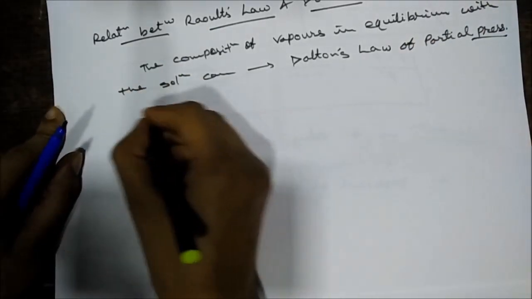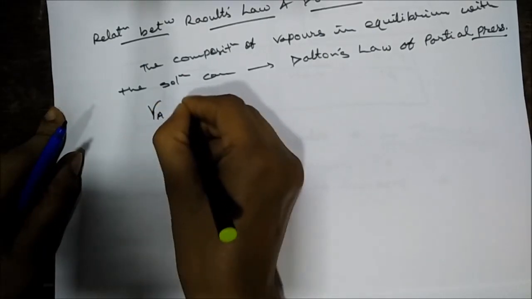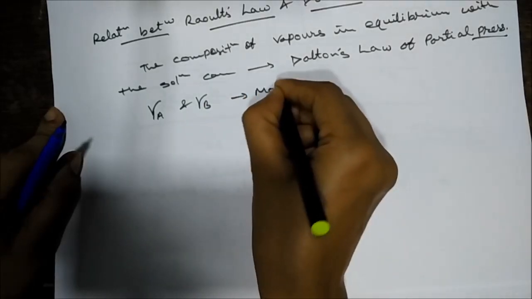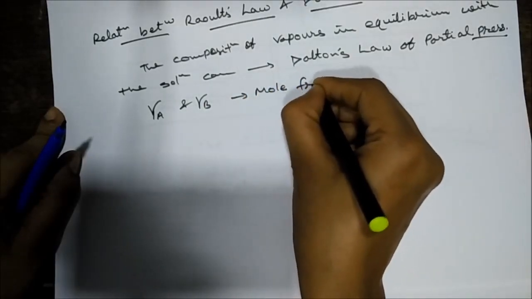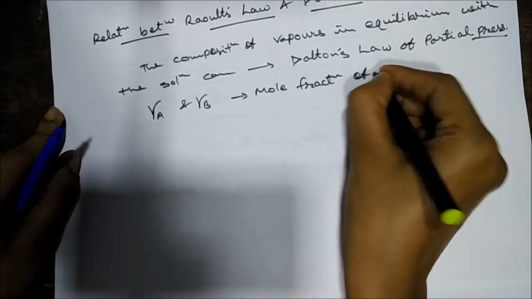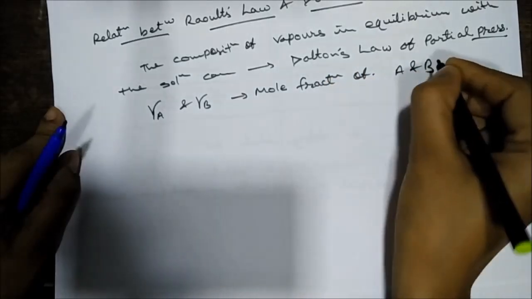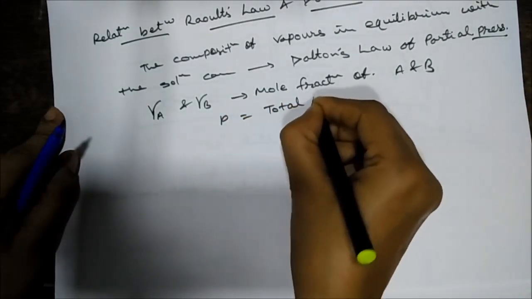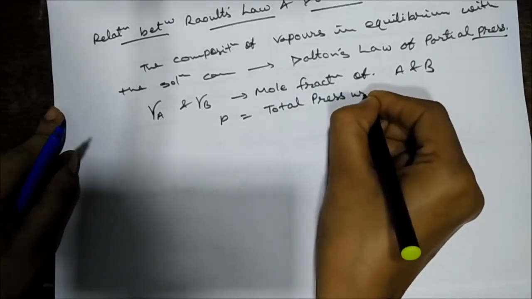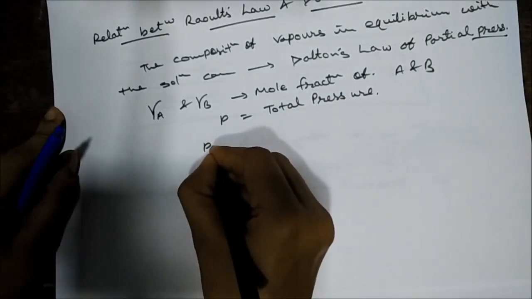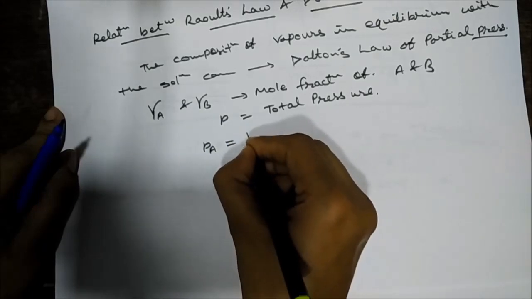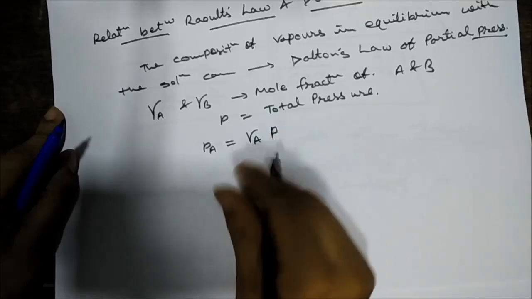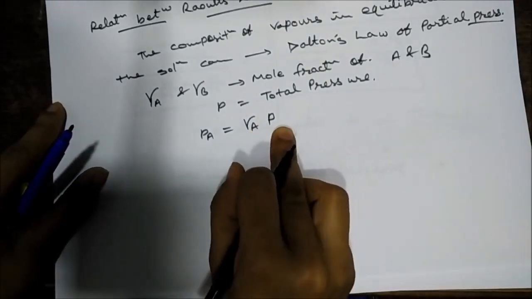According to this law, if we take YA and YB as the molar fractions of components A and B in the vapor, and P is the total pressure, then we can write PA is equal to YA multiplied by P. This is the molar fraction, and this is the total pressure.